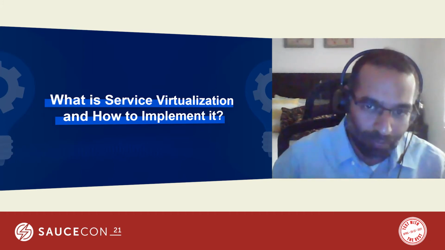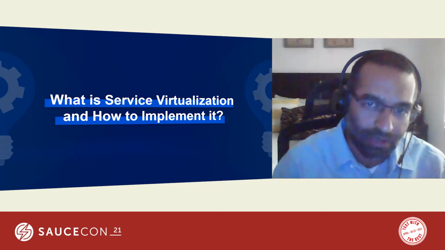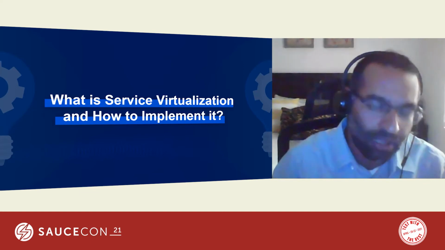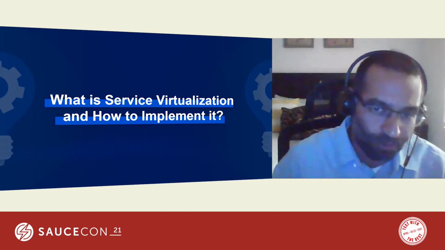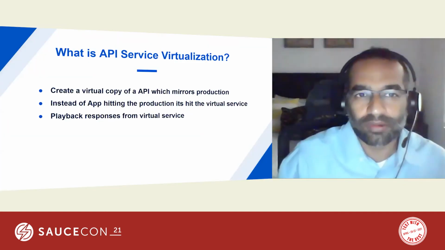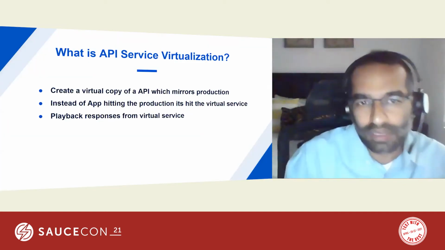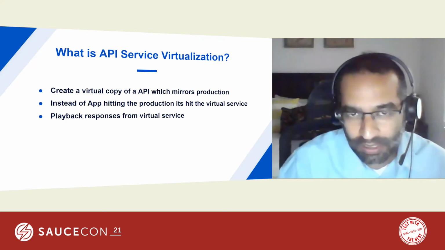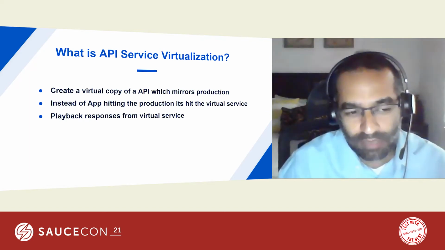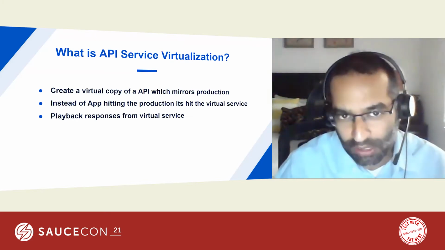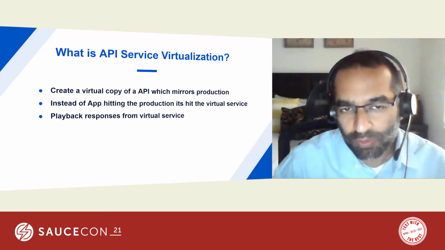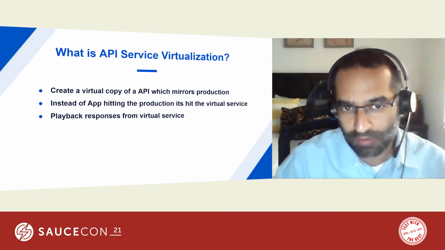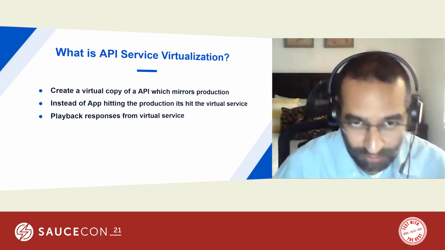I want to talk about what service virtualization is and how to implement it, meaning what tools, practices or approaches we're going to follow. Service virtualization is a broad topic. You could be virtualizing your database, or many other things, but focusing on our topic, I'm going to talk about API service virtualization.